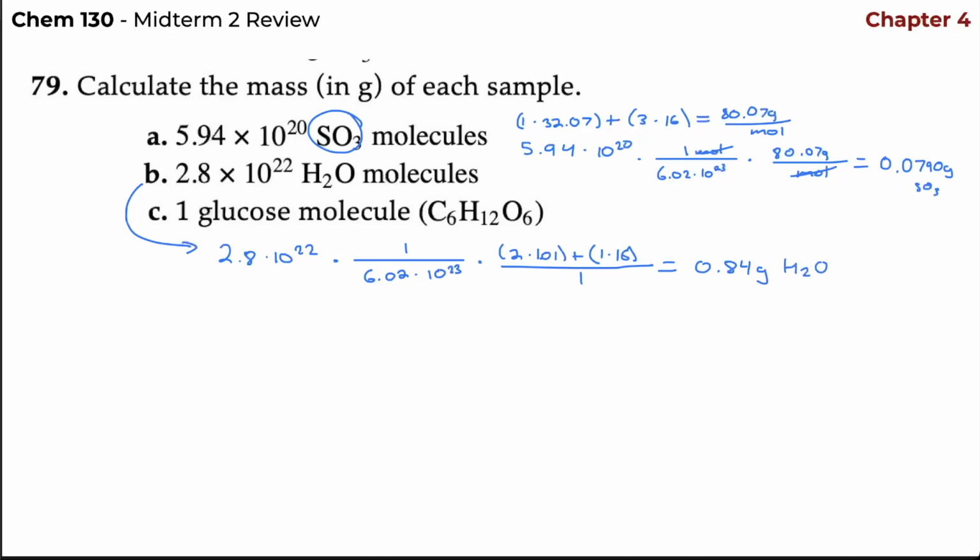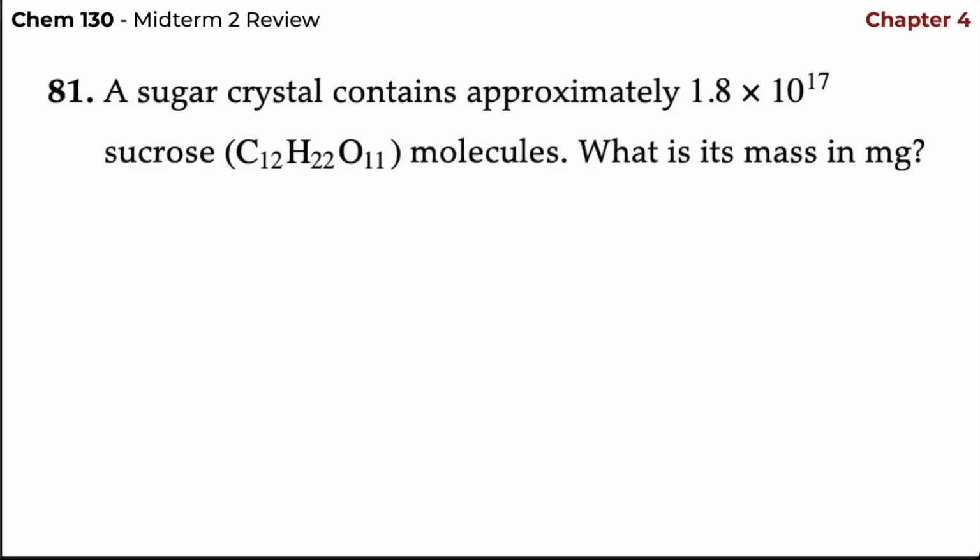Now for this one, you can do it on your own. I'll just tell you the answer so you have it. It is 2.9930 times 10 to the negative 22 grams of C6H12O6. Again, pretty straightforward question, right? Same thing as we did in the last question.